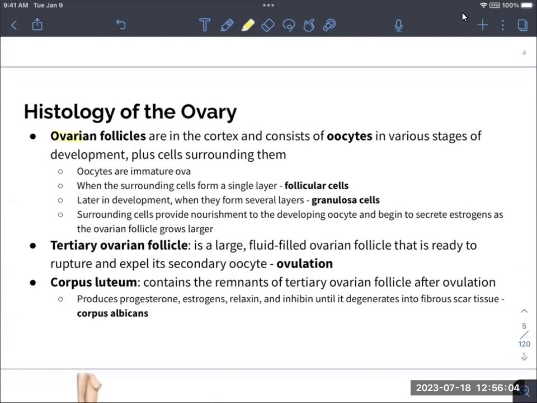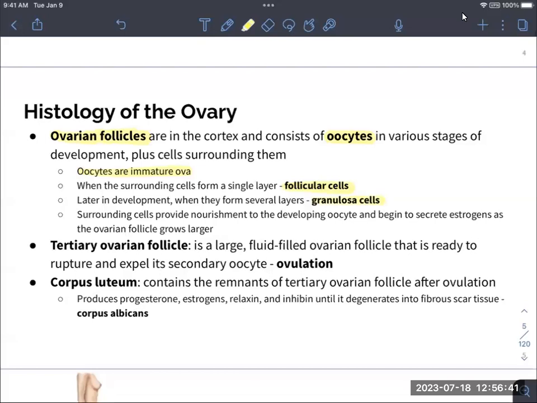The ovarian follicles, these are what either they are or they will become these different oocytes. There's different stages that these cells will go through. An oocyte is an immature ova. If they have a single layer of cells that surround them, they are follicular cells. They're going to form granulosa cells later in development.